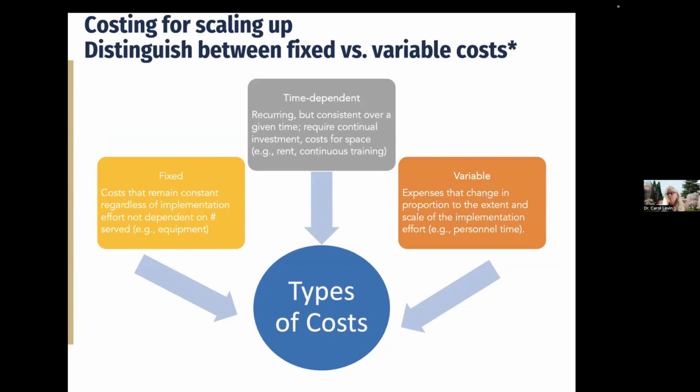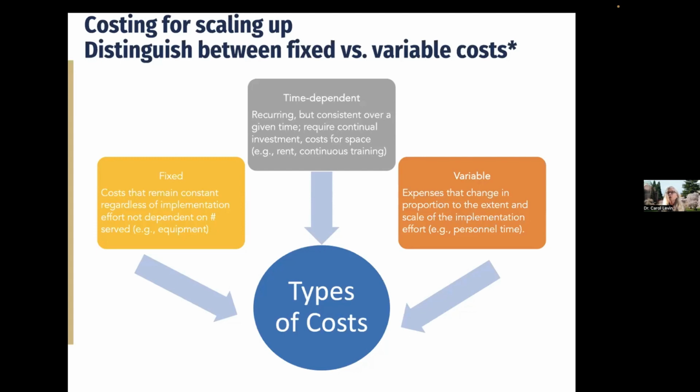So, simple rule, fixed costs basically remain the same no matter how many people you serve. Typically, we think of these as large items that are durable and last over a year. If you have had to buy a vehicle for a particular intervention, it doesn't matter how many clients you serve, you have one vehicle and it serves them all.